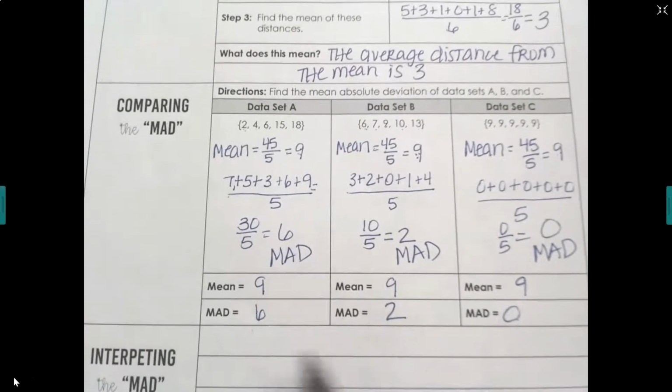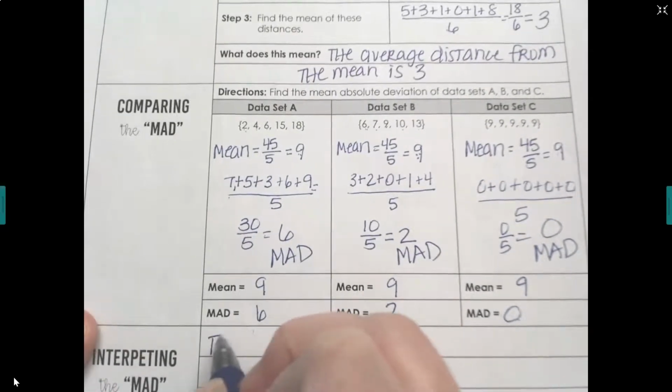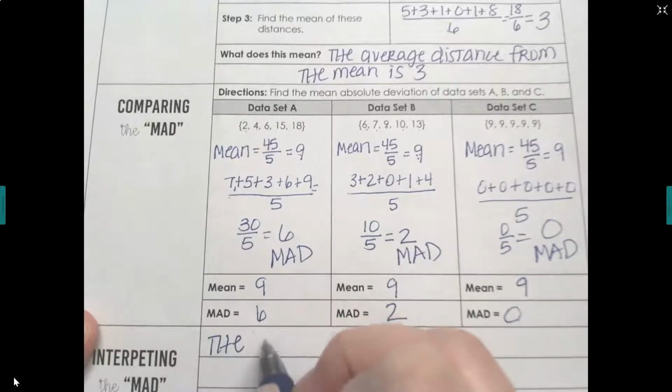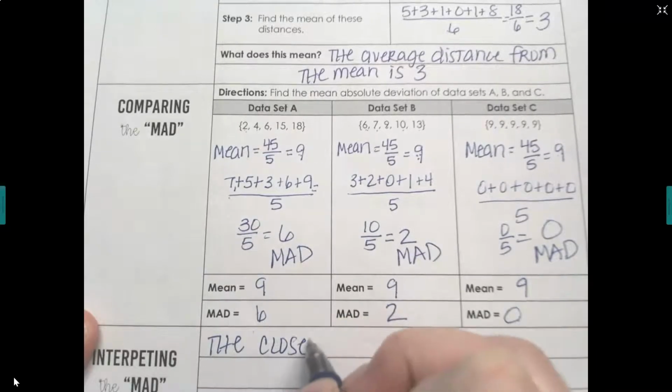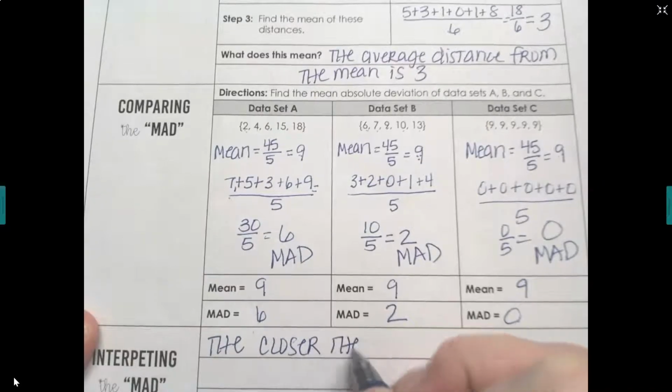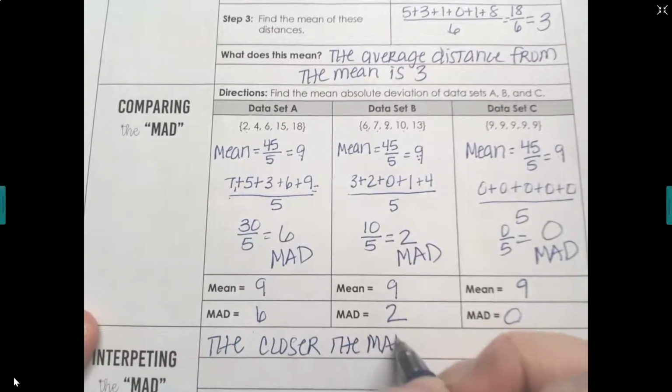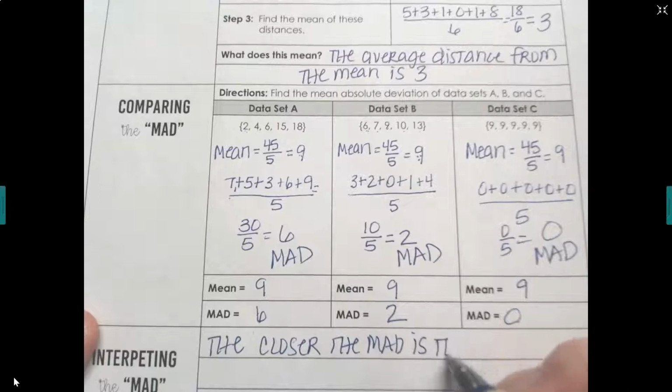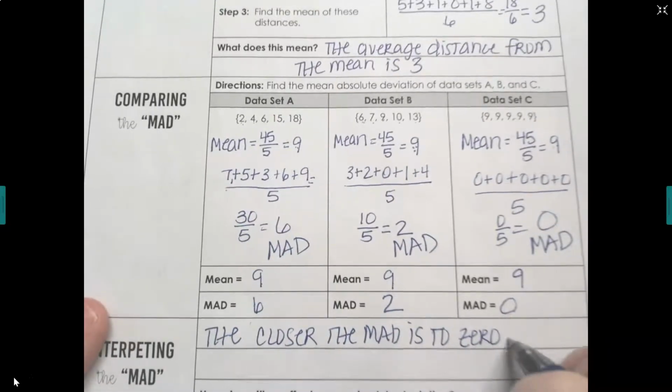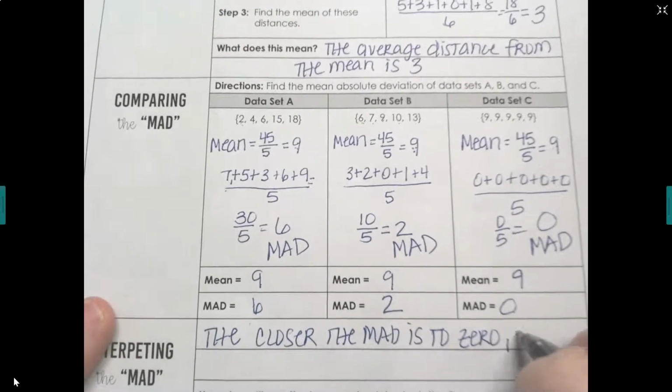So what I want you to take away is the closer the MAD is to 0, the less variation there is in the data.